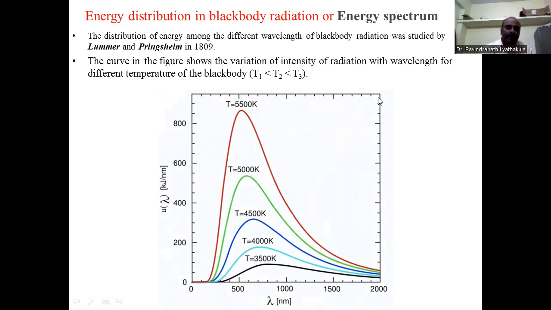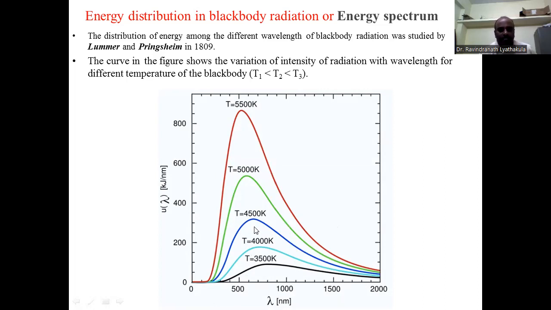Some of the salient features of the black body radiation spectrum are: the general characteristics of the energy distribution curves are the same for all temperatures. And second, the energy is not uniformly distributed at a particular temperature. If you consider a single temperature, the distribution is not uniform.